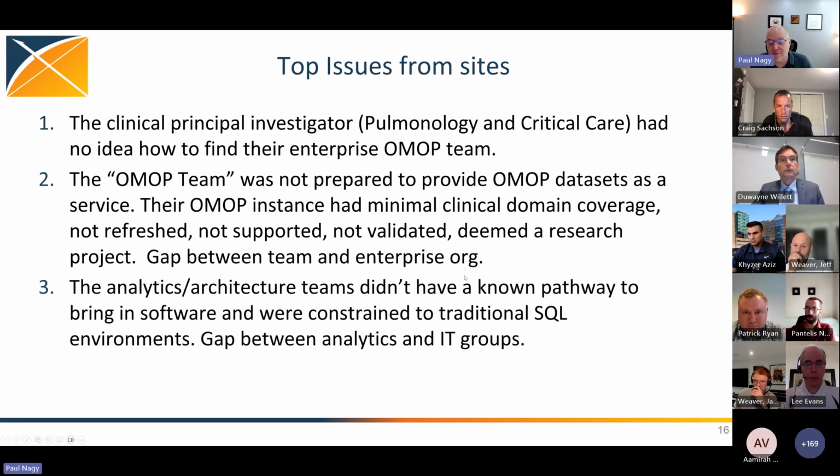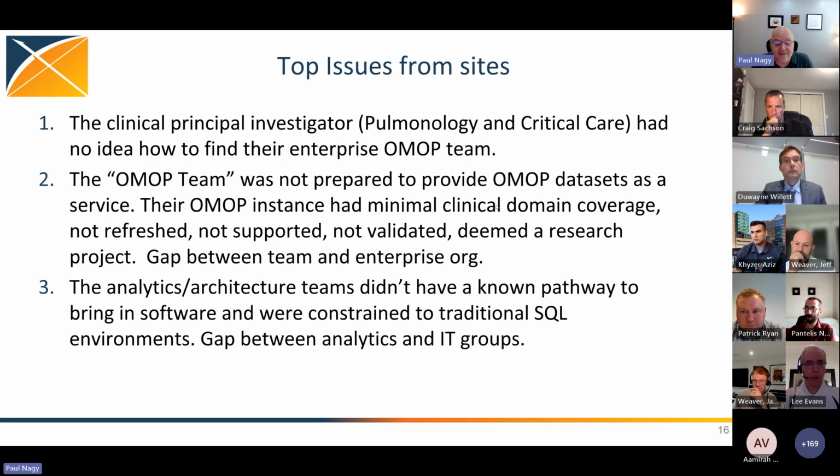The third challenge that we faced was that the architecture teams often don't have a pathway to bring in software. So a lot of the analysts that we know, they had SQL access, they could get into the data. They were on different database platforms, which we said not a problem. OHDSI supports many of them. And we rarely had a situation where the platform was not one of the ones supported within the OHDSI organization.